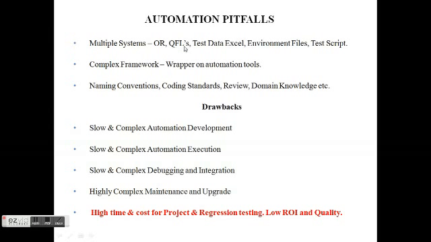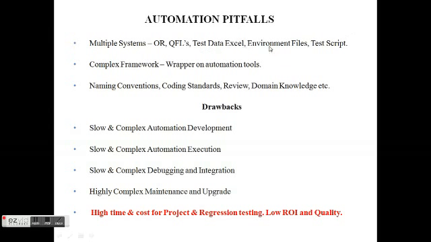Functional libraries contain different kinds of functions which are generic in nature and reusable throughout the automation process. These may contain hundreds of functions which testers use to make their automation life easy. Then there are test data Excel files where we store the test data which is fed into the test cases.